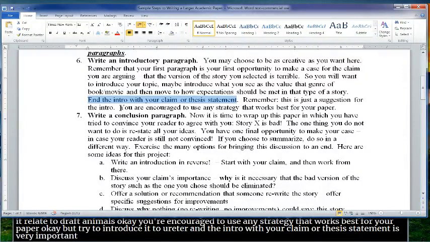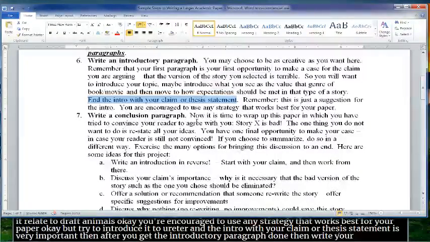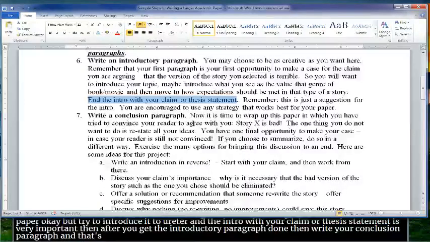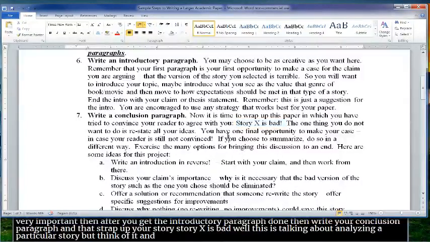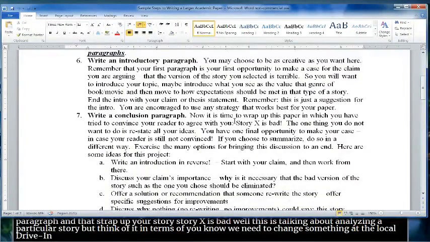Then, after you get the introductory paragraph done, write your conclusion paragraph. And that's to wrap up your story. Story X is bad. Well, this is talking about analyzing a particular story, but think of it in terms of, we need to change something at the local drive-in, and you're writing to the government.